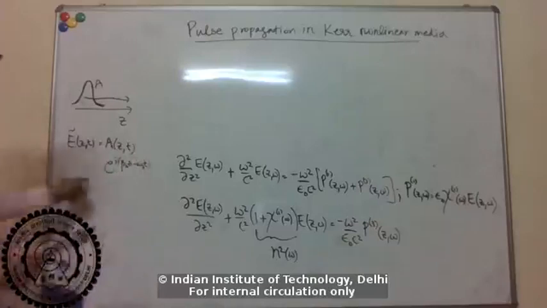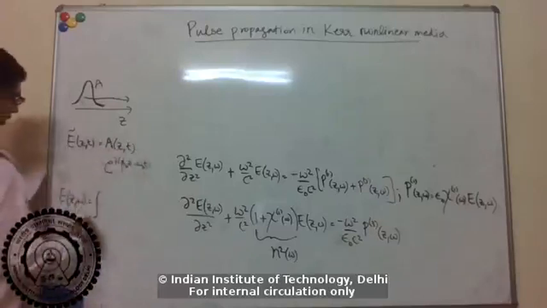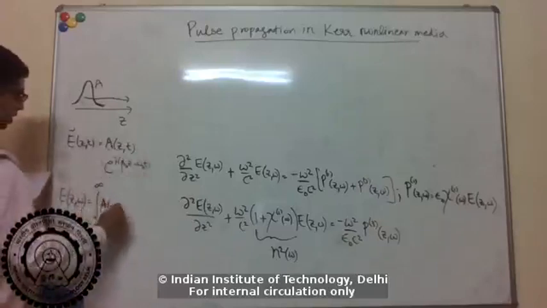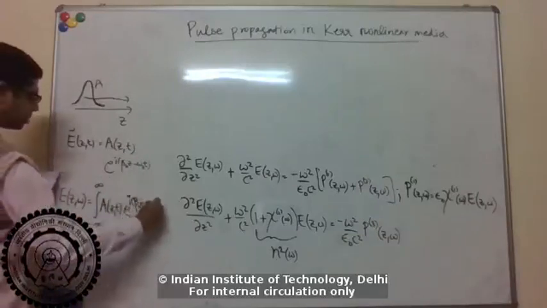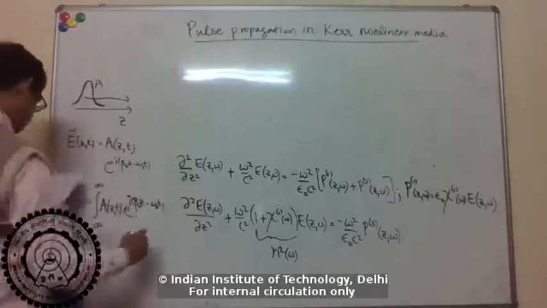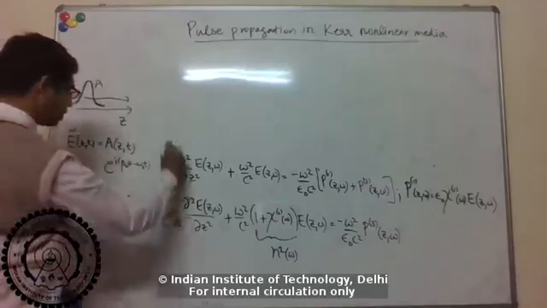So this Ez of omega, which is the Fourier transform of Ez of t, is the integral of Az t, e to the i beta naught z minus omega naught t, times e to the i omega t dt.